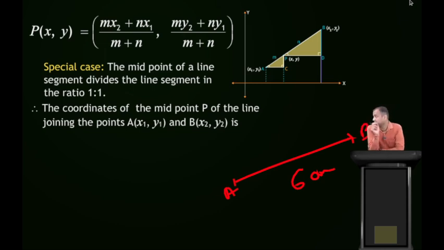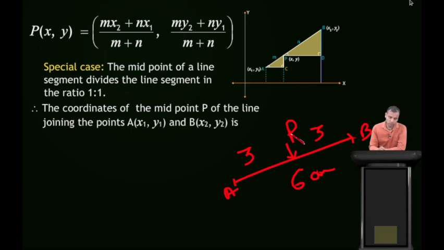If I ask where a point will be which is in the middle of AB, which divides AB into two equal parts. Yes, very good. So the length of AP is 3, then PB is also 3, because it divides the line segment into two equal parts.